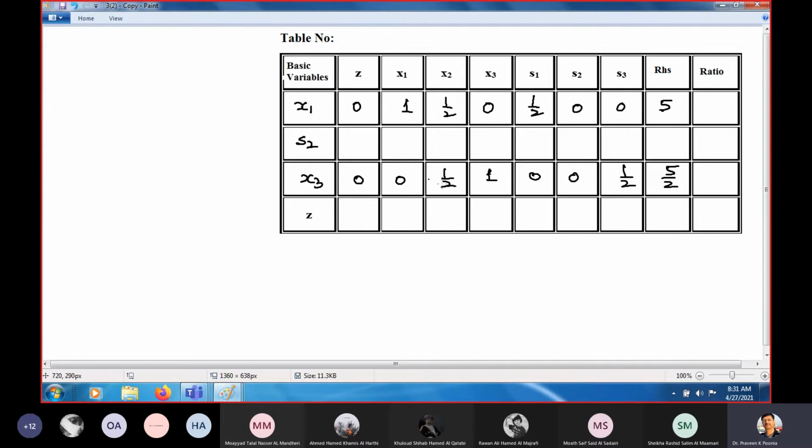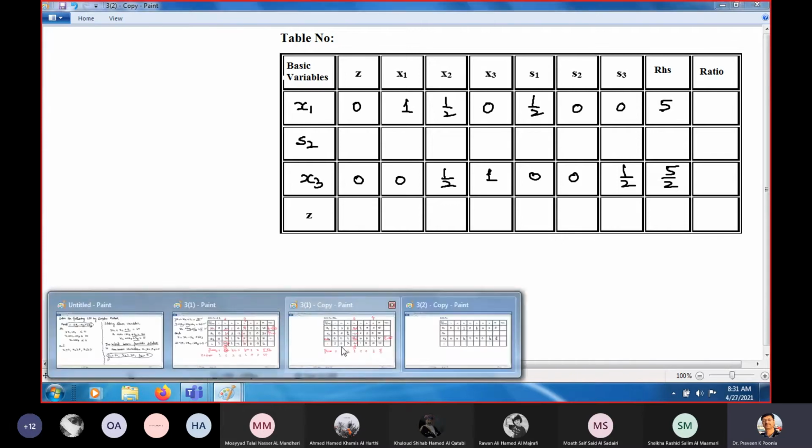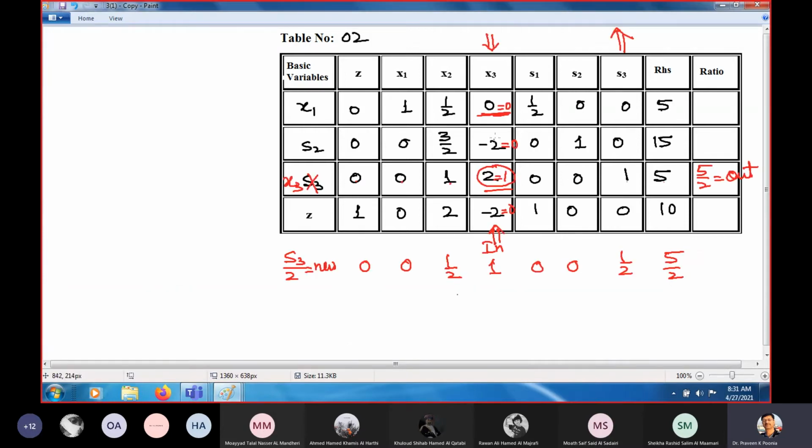Now the next step, my dear friends, is you need to make this minus 2 into 0. Clear? Now there are two things, because you can see here it is already 2. So you can add these two directly.